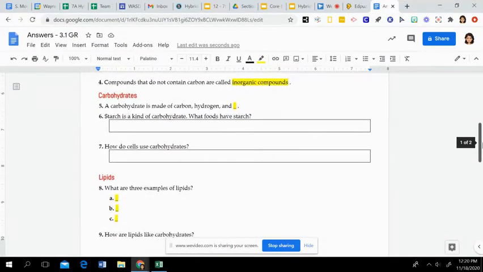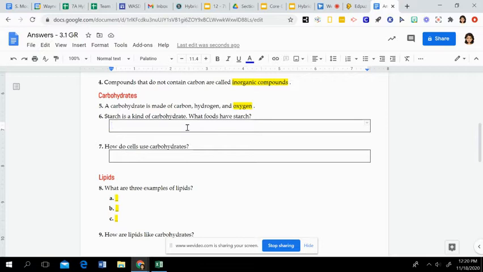Moving down to the carbohydrates section, you can reference the table at the beginning of our guided reading notes for this as well, but a carbohydrate is made of carbon, hydrogen, and oxygen. Then starch is a kind of carbohydrate.